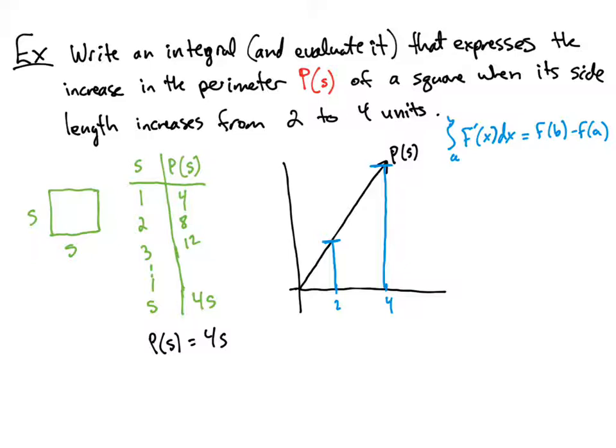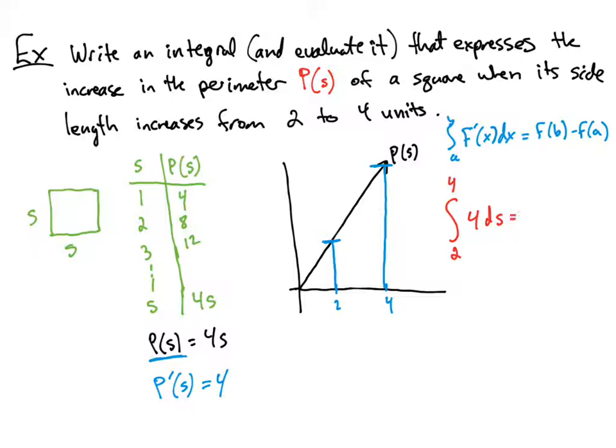In this instance, we're going to treat P of S as our original function. If we take the derivative of that function, we just end up with 4. So our integral is going to be from 2 to 4 of 4 ds, because the variable of integration is s.